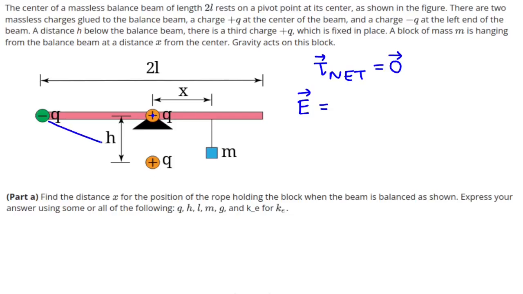So from this charge, we have a radial vector, and the electric field due to this charge acting at this point is Coulomb's constant by the charge on the squared distance between the two charges. So the squared magnitude of this radial vector is L squared plus h squared, and taking this angle as theta, we can find the magnitude of the unit radial vector pointing in the direction of R1.